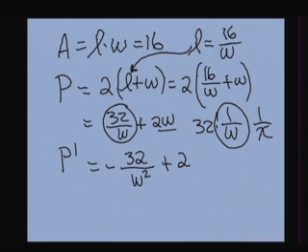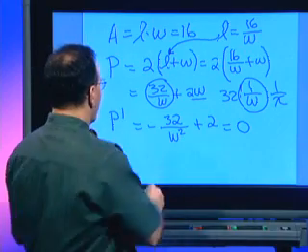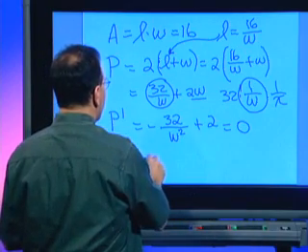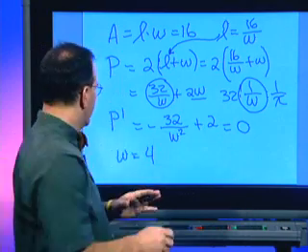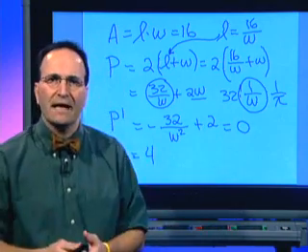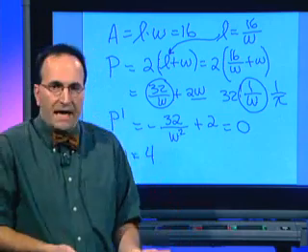Now, we need to set this equal to 0 and then solve that for W. When we work out the mathematics of this, we will get that W is equal to plus or minus 4. But of course, we don't deal with the minus because you can't have a width of negative 4.